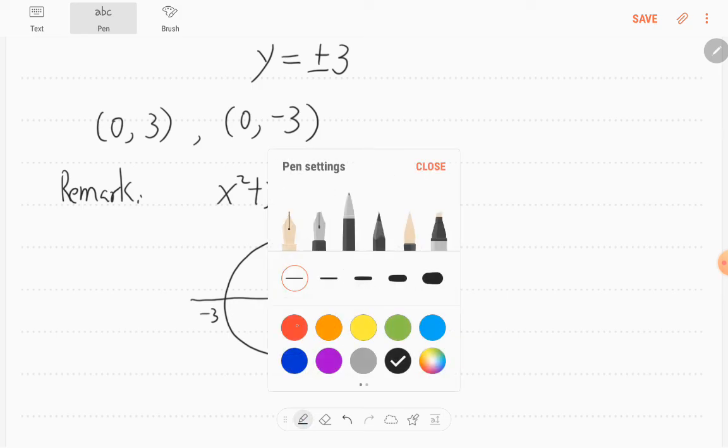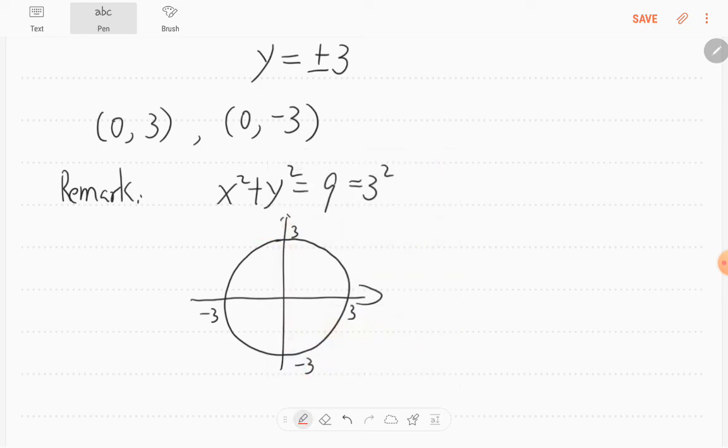So you can see the horizontal tangent lines are here. These lines are tangent to the curve at these 2 points. This point is (0, 3). This point is (0, -3). Right? So you see our answer is correct.